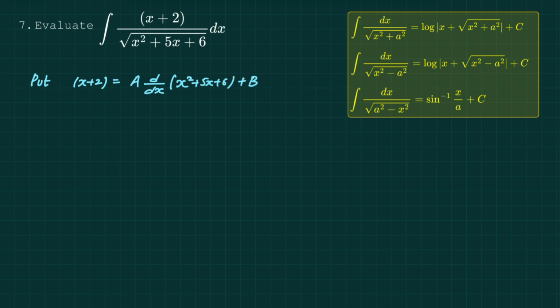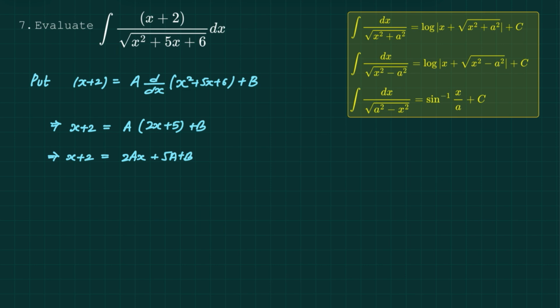plus b, implies x plus 2 equals a into 2x plus 5 plus b. So x plus 2 equals 2ax plus 5a plus b.